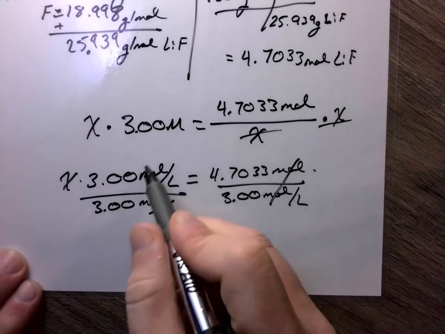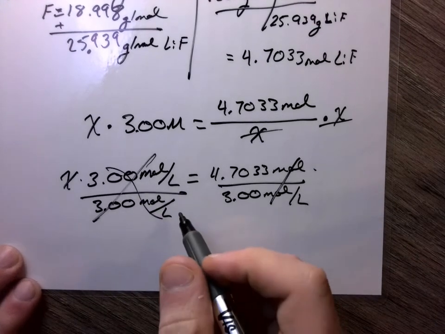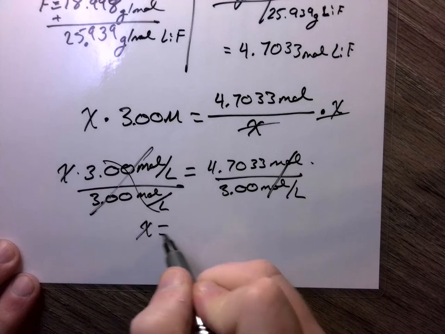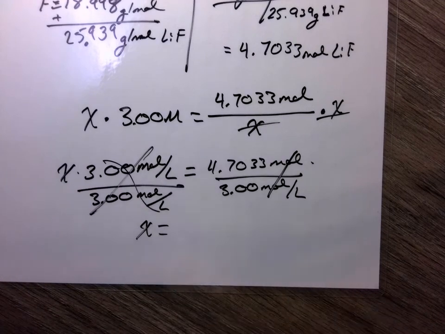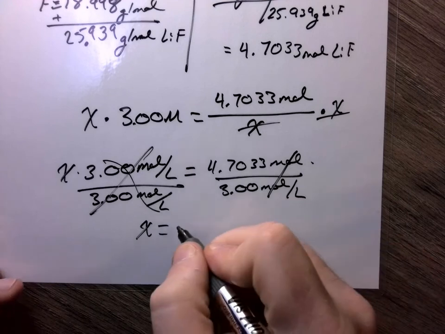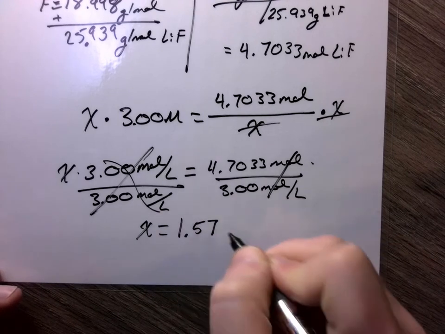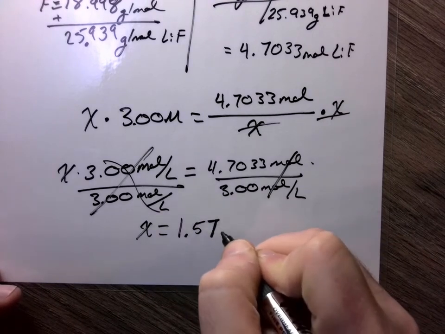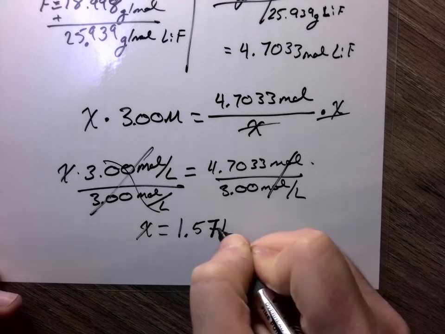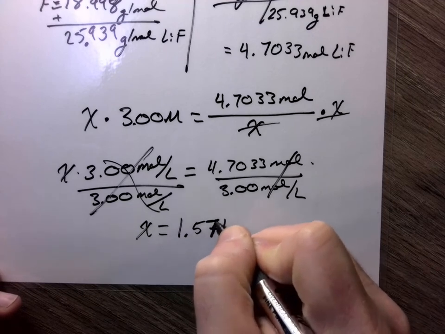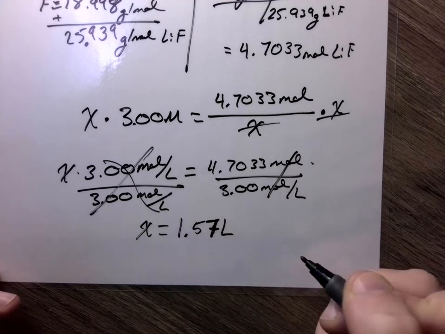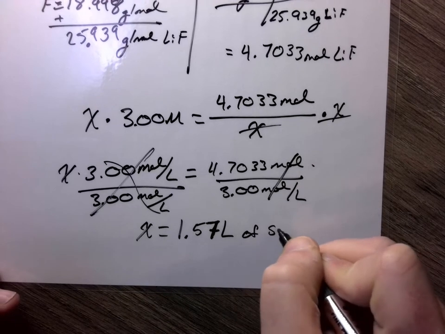So my 3.00 cancels out on the left side. X is going to equal a certain number of liters. So we take our 4.7033 divided by 3.00, and that gives me 1.57 liters. 1.57 liters of solution.